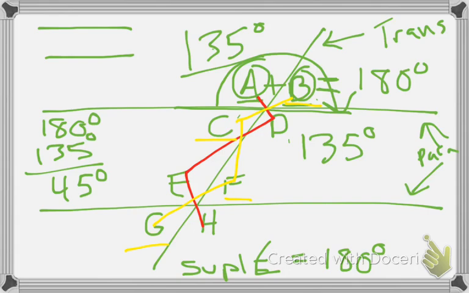So now I know that B is 45 degrees. And if I know that B is 45 degrees, I could tell you that C, F, and G are all 45 degrees. And since I know A is 135 degrees, I could tell you that D, E, and H are also 135 degrees because supplementary angles have to equal 180. And alternate interior and alternate exterior angles are the same. Okay?